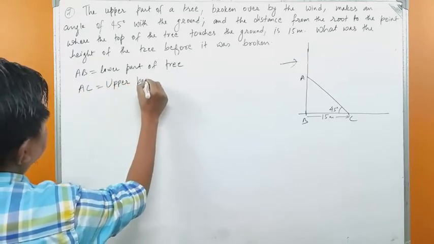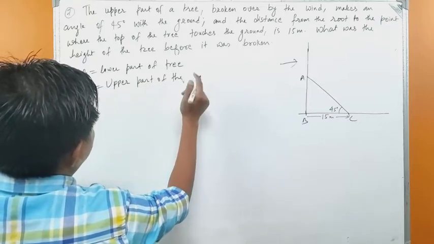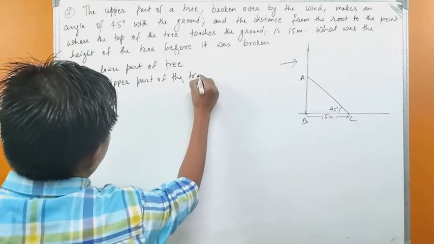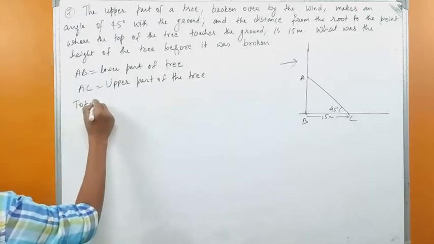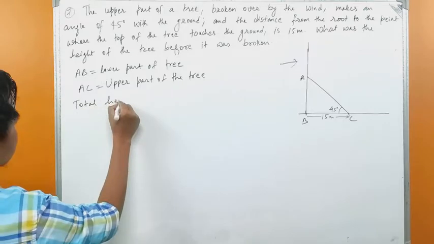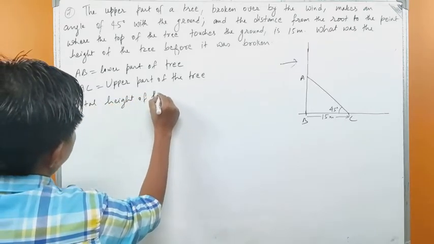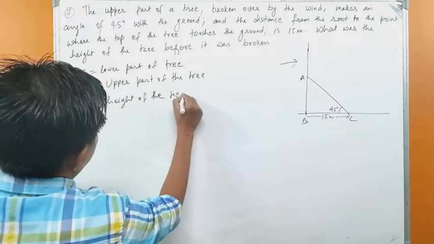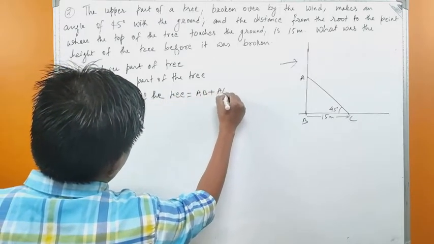Total height of the tree equals AB plus AC. We are asked to find this, okay.